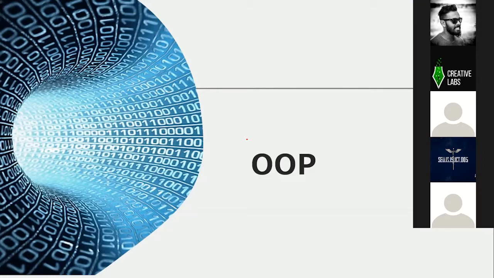So we get rid of the functions and depend on objects. Let's say if you're talking about animal, the cat is a type of animal and the dog is also a type of animal. Likewise, we talk about objects in object-oriented programming.